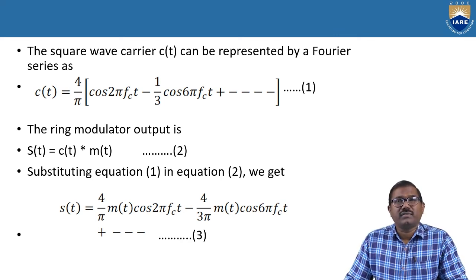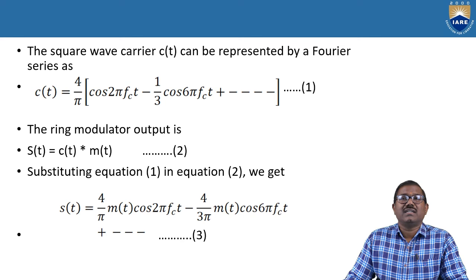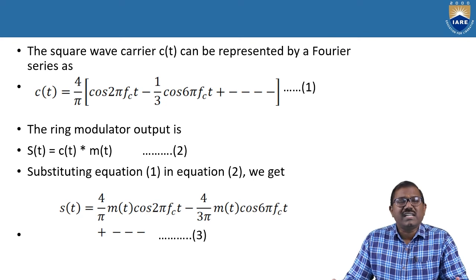Now the output of this ring modulator, S of t, is equal to the product of the carrier signal and the message signal. So we substitute C of t: S of t is equal to C of t into M of t.